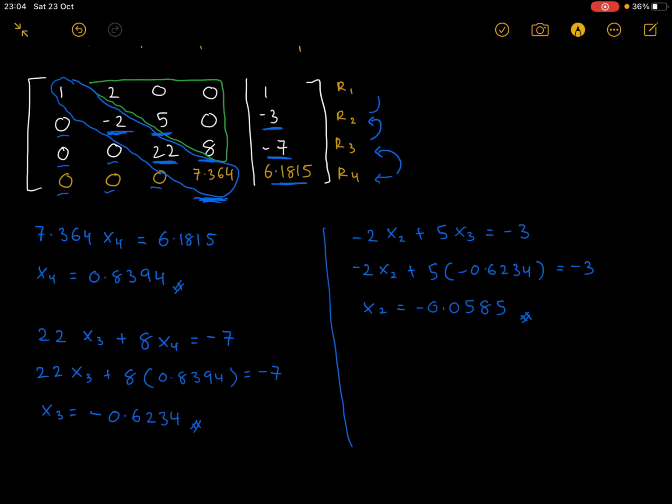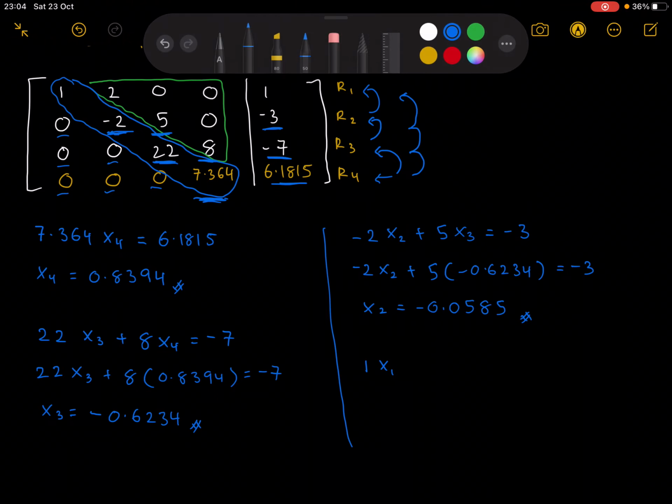So we're going to move to row number 1. This is what we call backward: from R4 you move to R3, from R3 you move to R2, and from R2 you move to R1. So from here we know that x1 plus 2x2 equals 1.